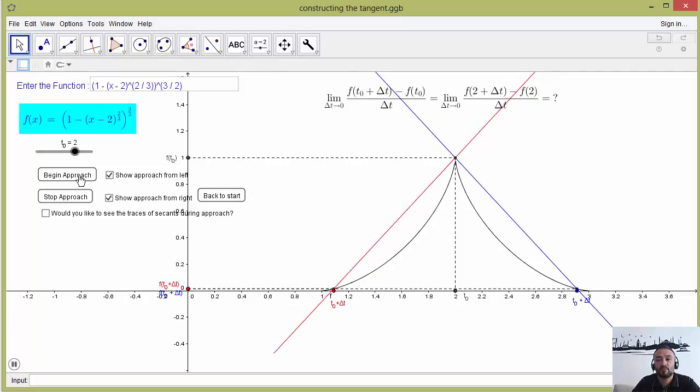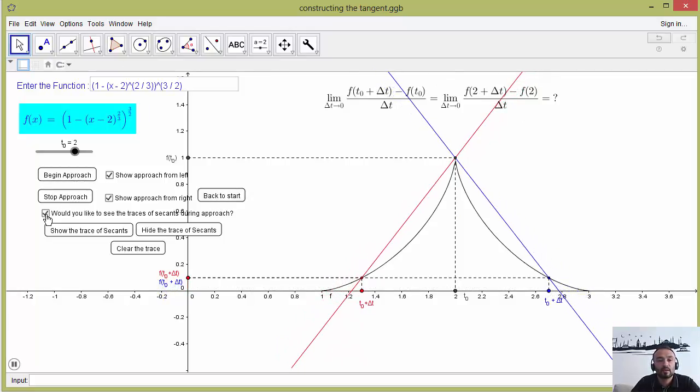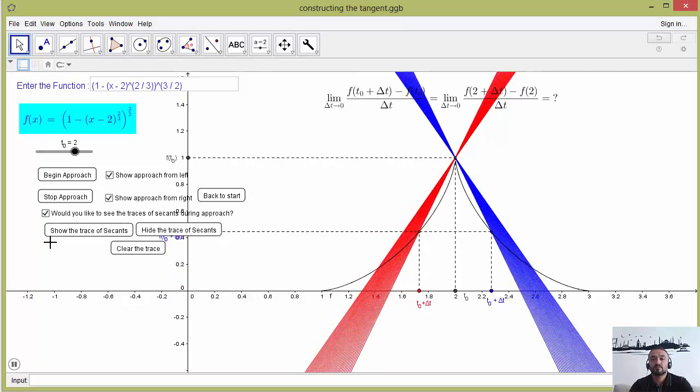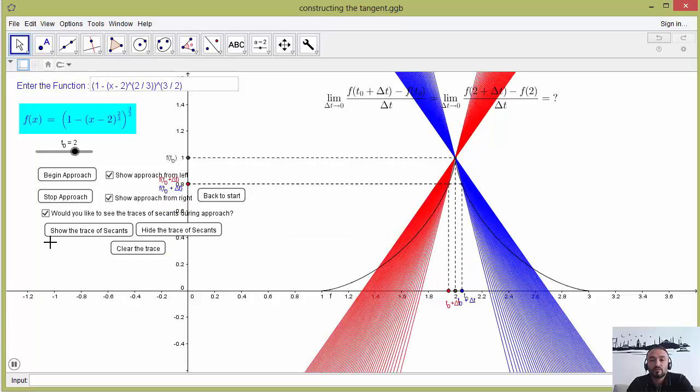and begin approach, and you can also observe the traces. What is going on now?